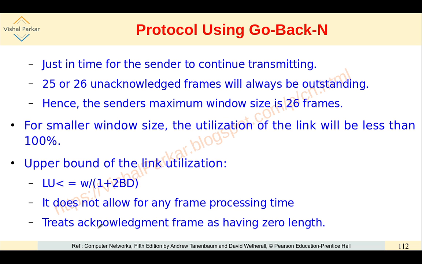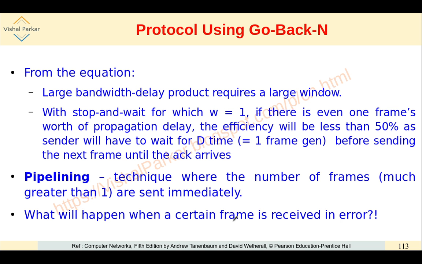Alternatively, we are also treating the acknowledgement frames as having zero length. Now, as can be seen from the same equation, the bandwidth delay product and the calculation of W, a large bandwidth delay product requires a large window. W will be large if BD, that is the bandwidth delay product, is large.